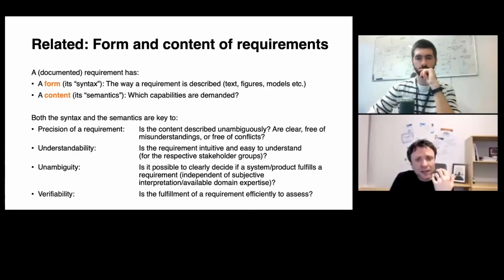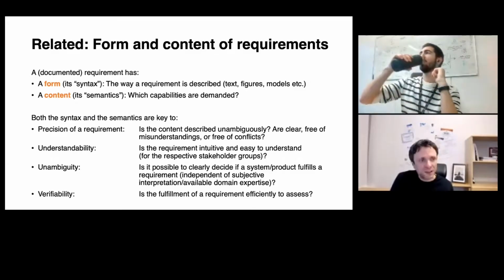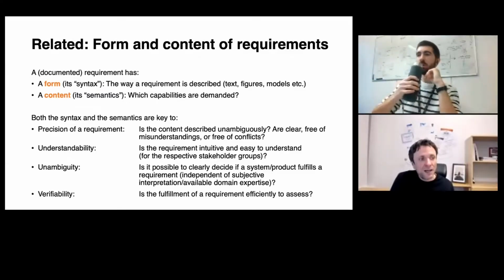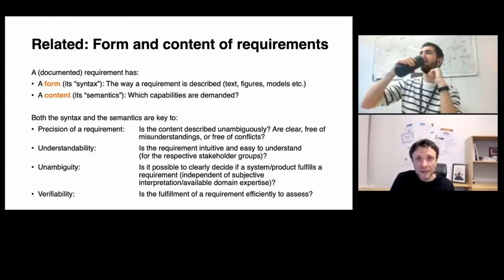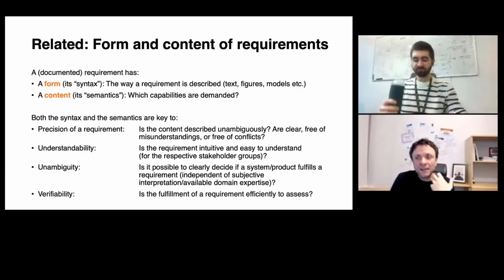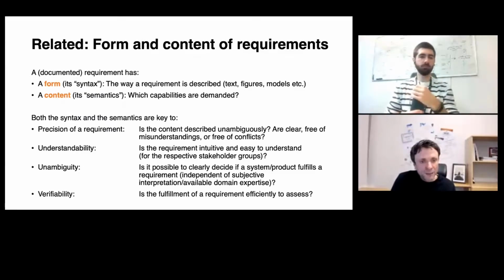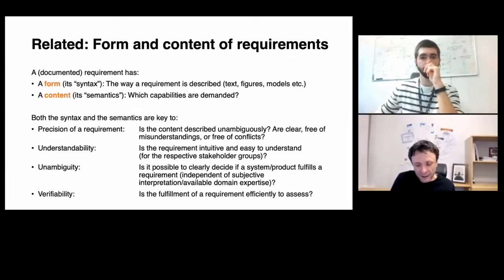We can use figures, we can use models, for example the Unified Modeling Language, we can use mathematical models, and so on and so forth. So there are a multitude of options to specify a requirement. And of course, the content, so the semantics, the meaning of the requirement, the assertions we actually make with the requirement. And both have a strong influence on the different quality criteria.